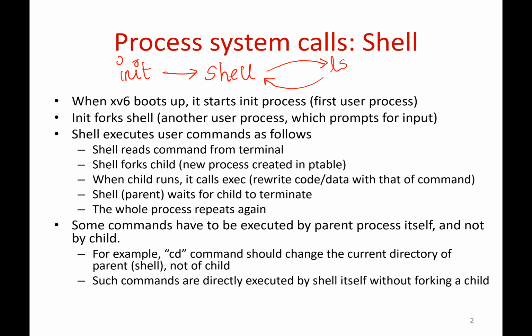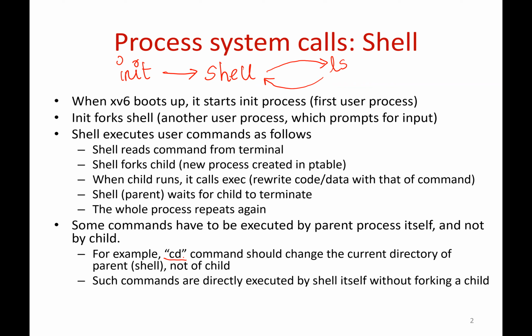So these are the main processes that are running in xv6 at any point of time. Note that not all commands will result in the shell forking a process. For example, some commands like cd should be implemented directly in the shell itself because you want to change the working directory of the parent shell itself and not of some other process.